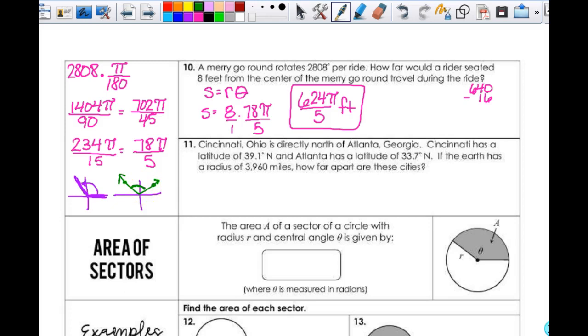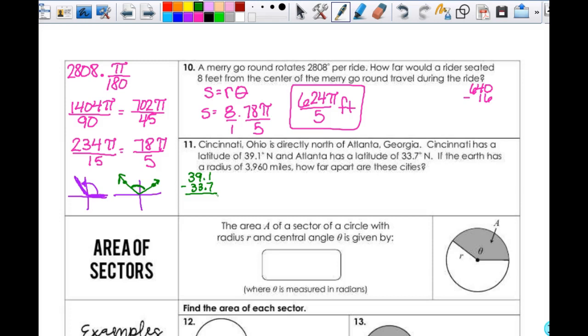How am I going to figure out what this angle is? Subtract. I take 39.1 and subtract 33.7. Okay, look.